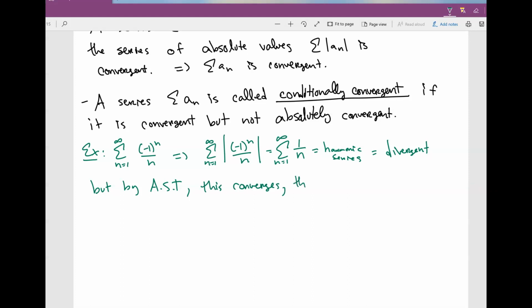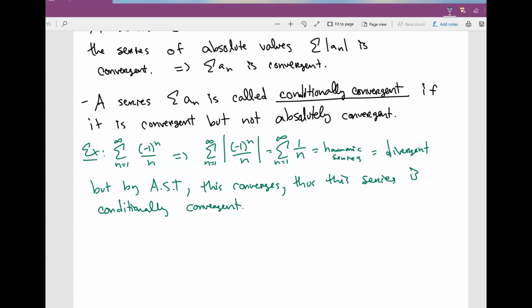So thus, this series is conditionally convergent. Which means that the series itself is still converging, but if I were to take the absolute value, it's not going to converge anymore.